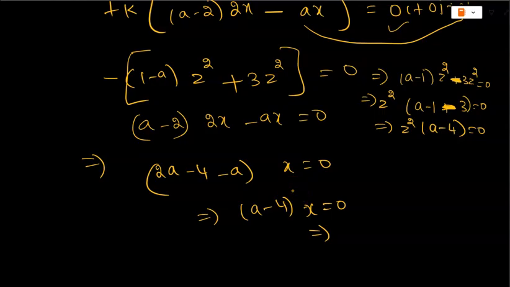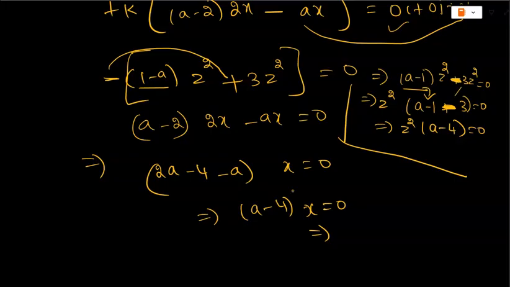Now I've simplified this. From this term, this minus is there. Minus of 1 minus a will become a minus 1, I have written. And this minus and this plus will become minus. If I take z square common from these two terms, the first term is a minus 1, the second term is minus 3, so a minus 4 into z square is equal to 0.